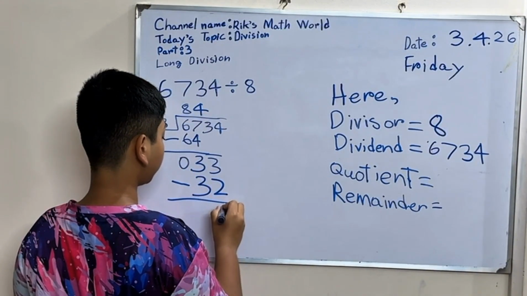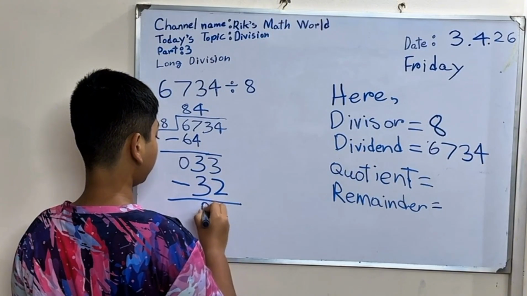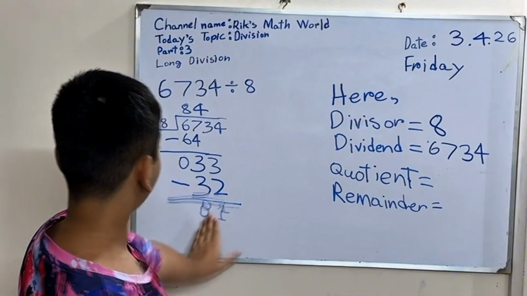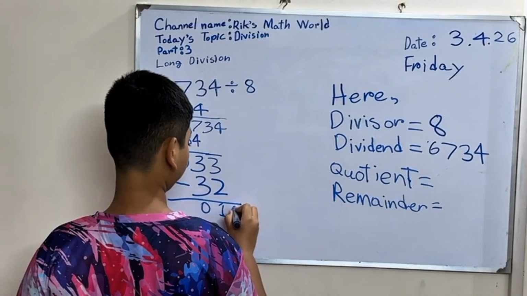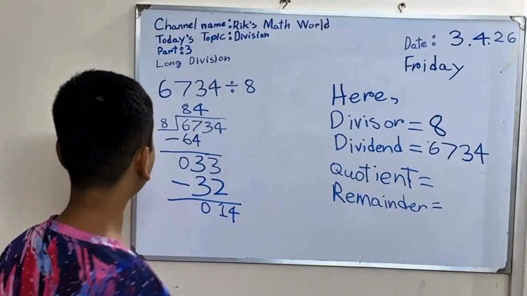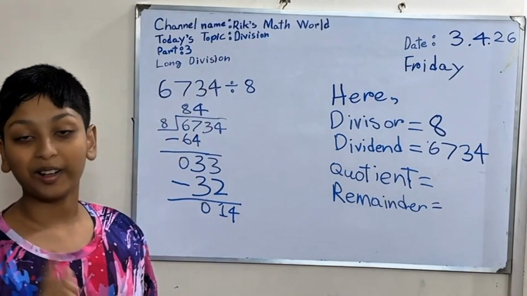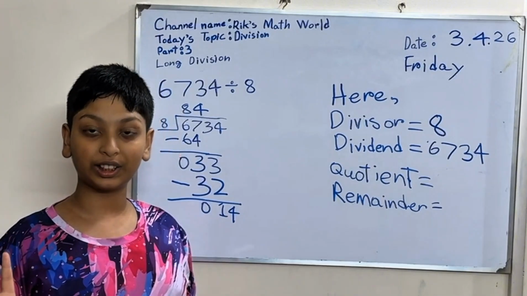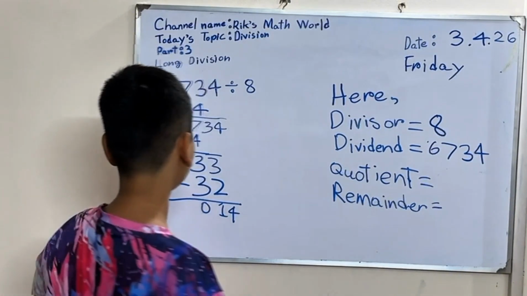And 3 subtracted by 2 equals 1. 3 subtracted by 3 equals 0. Now we have to drag this 4 down here. And then now we have to divide 14 by 8. 8 ones are 8, 8 twos are 16. 8 twos are 16 is too big, so we have to go with 8 ones are 8.